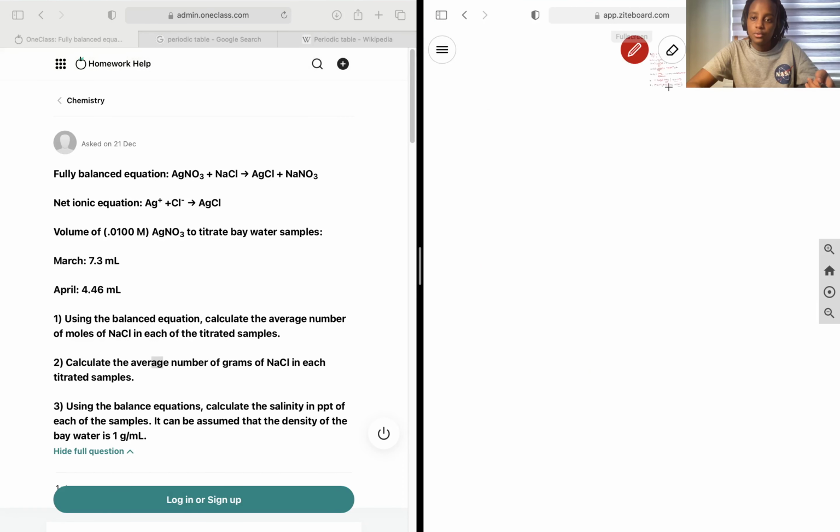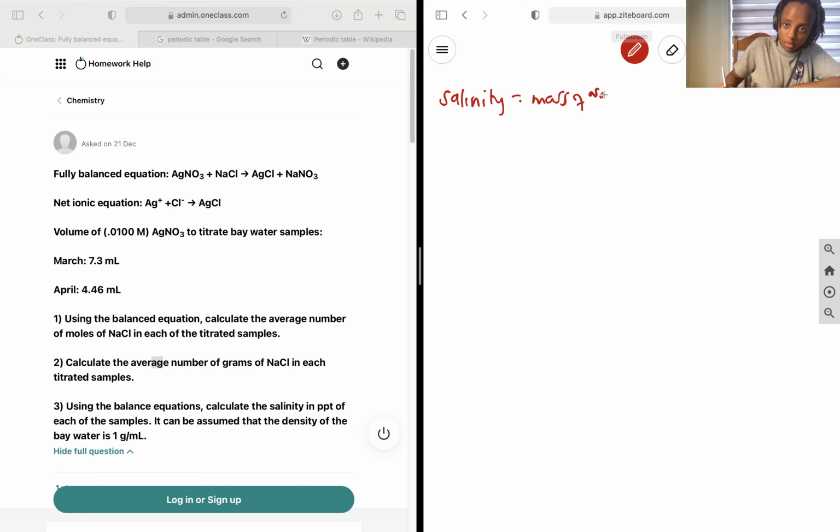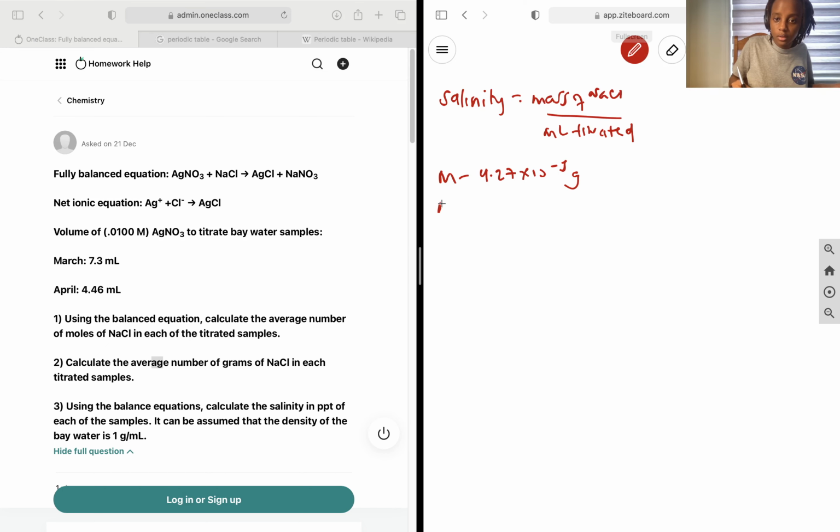And lastly, let's move to part C, which is the salinity. And so the salinity is going to be the mass of NaCl over the milliliters titrated. Remember that from March we had 4.27 times 10 to the negative 3 grams.